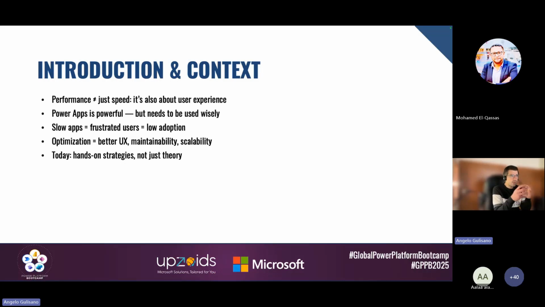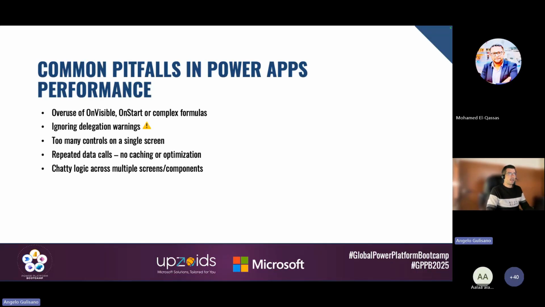And today, hands-on strategies and not just theory on how to optimize your application. So let's see the common pitfalls when you build Power Apps and when you have a performance problem.